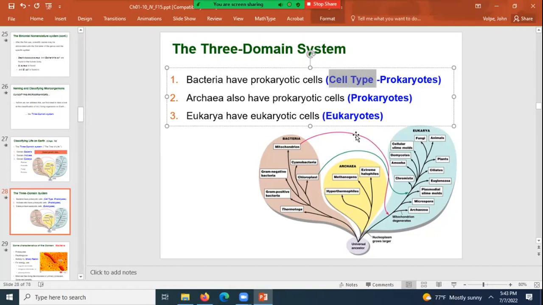And there are two superkingdoms, the prokaryotes and the eukaryotes. Any question about that? The superkingdom is defined, by the way. Any cell that has a nucleus belongs to the eukaryotes, and any cell that does not belongs to the prokaryotes.